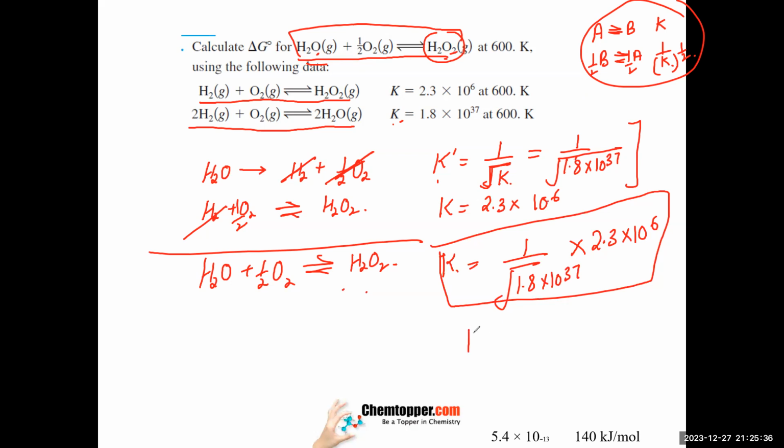What is this answer? Can you work out the answer, children? What's the answer? Any one of you doing it? I'm getting 1.7.